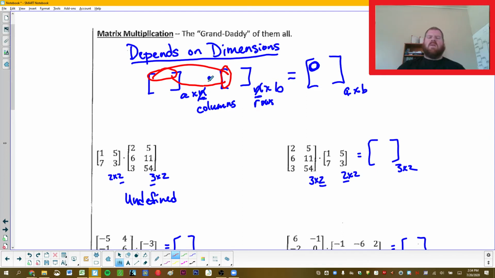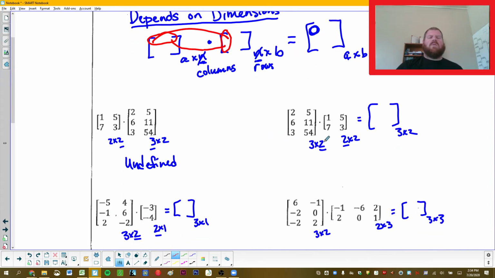Okay, let's look at how we can do that, and we're going to use this example right here to drive the definition of this matrix multiplication. So I'm going to take this row and multiply it by this column. And remember, my ending matrix is going to be 3 by 2.